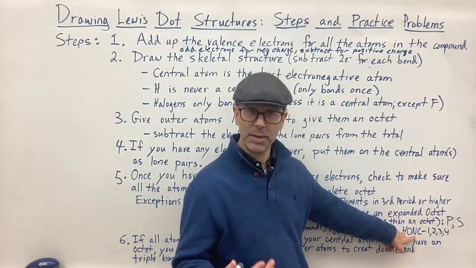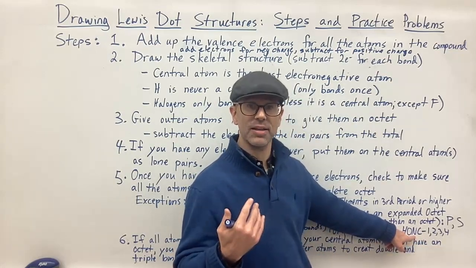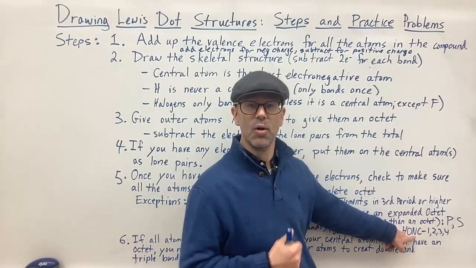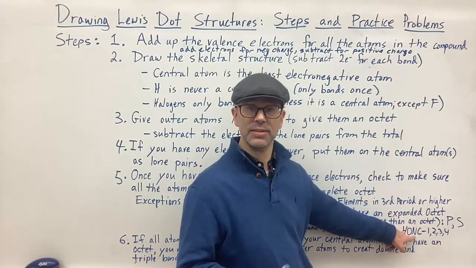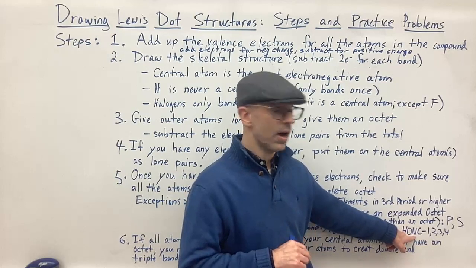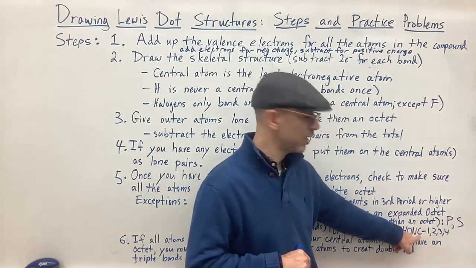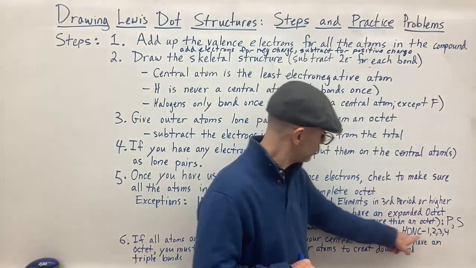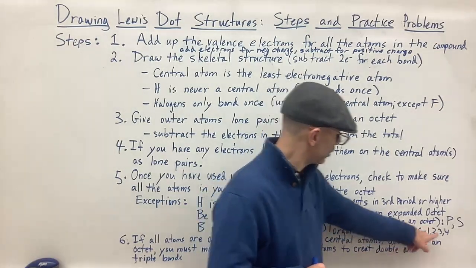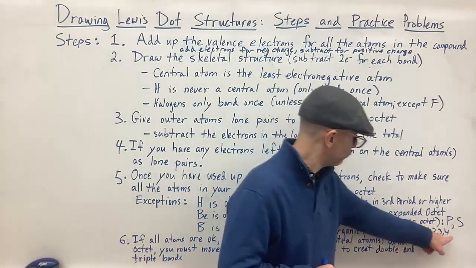Nitrogen loves to have 3 bonds, so you would expect nitrogen in your organic molecule to have 3 bonds. If it doesn't have 3 bonds, then something might be wrong. And carbon loves to have 4 bonds.